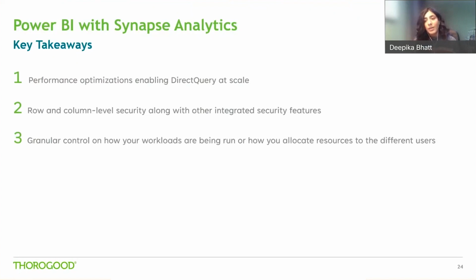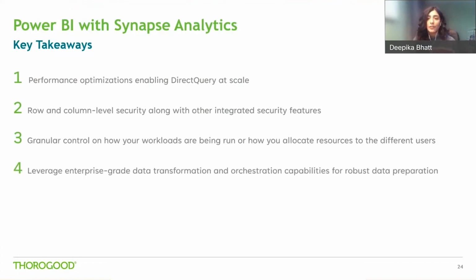Having the ability to customize the workload management based on importance rather than on the default scheduling. Also, the ability to leverage enterprise-grade data prep capabilities for a more scalable and robust solution right from the start. And finally, facilitating team collaboration and transparency through a common user interface.